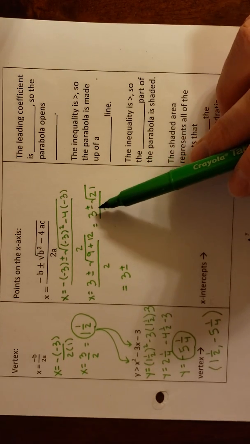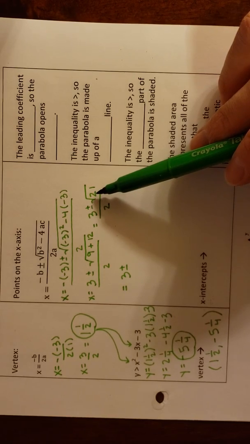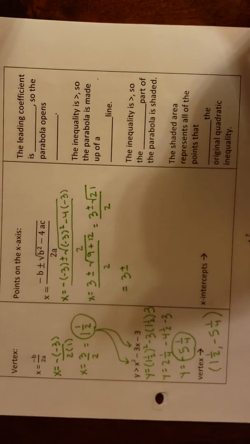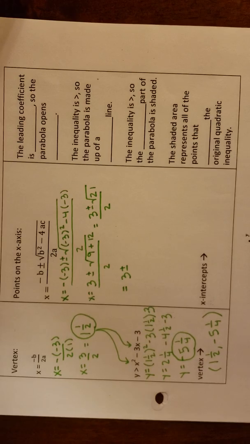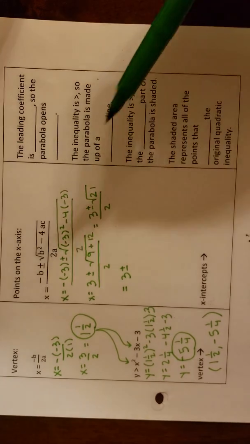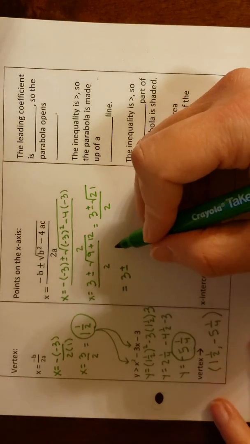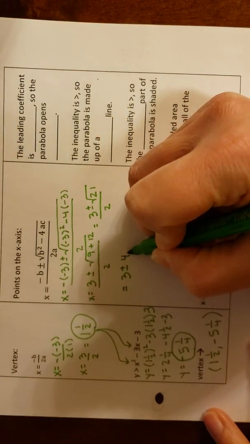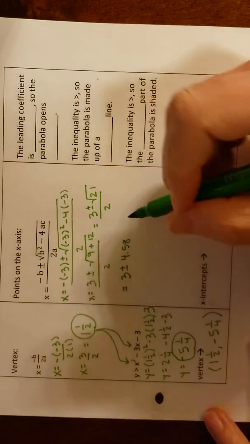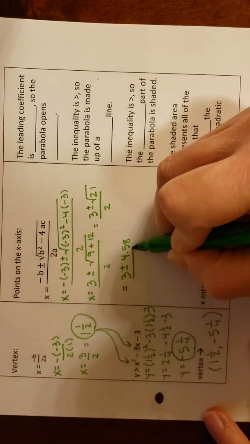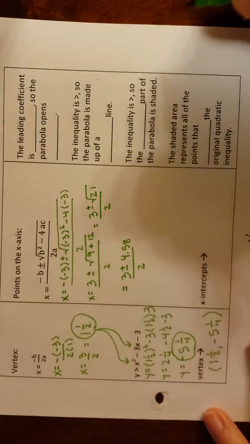But if I asked you to graph the square root of 3, you would know where to put that. So in this case, and this is one of the rare cases, it is appropriate to convert the square root of 21 to a decimal and round. So this would be about 4.58 over 2. See, I make these rules and then I break them.